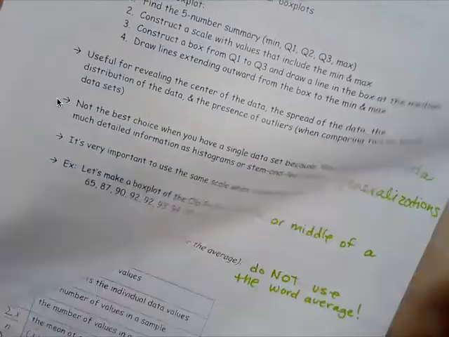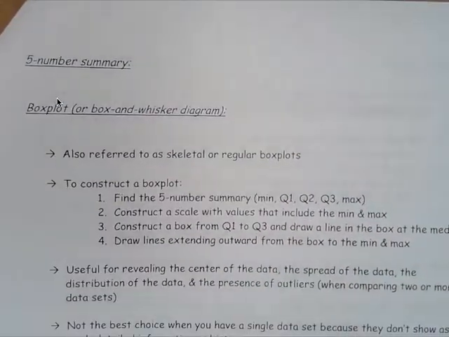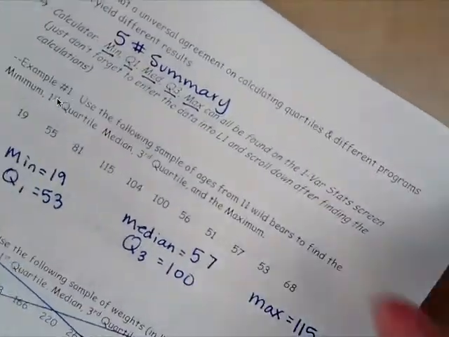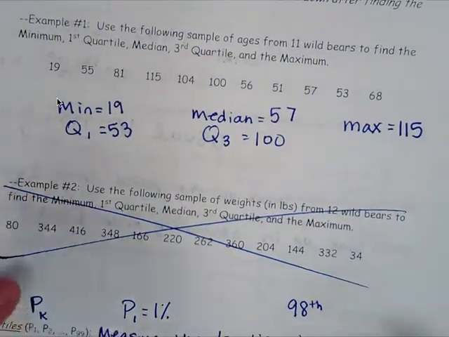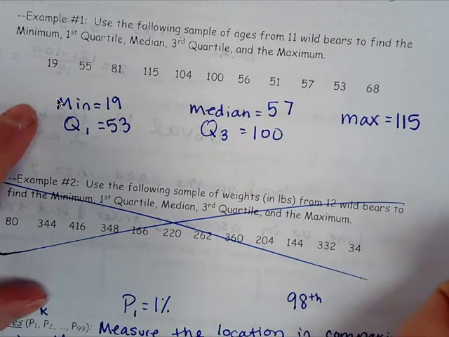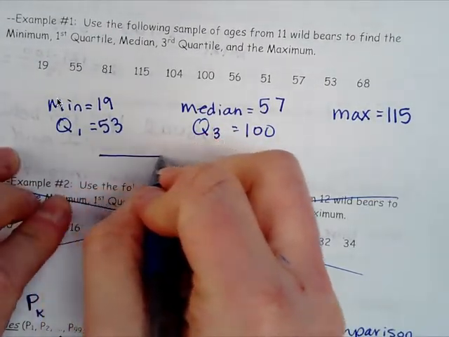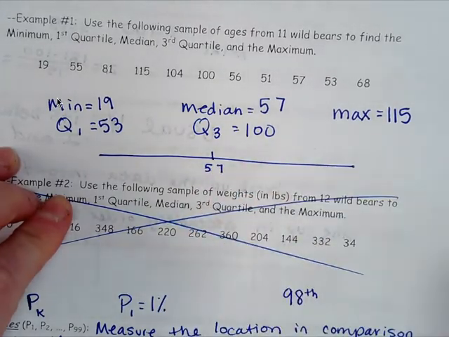Okay, the last part of this is a box plot, which uses your 5-number summary. So I actually want y'all to go back to page 22, and I'm going to show you how to do a box plot from here. We already have the 5-number summary. So for the box plot, you make a line, and in the middle you're going to put your median.